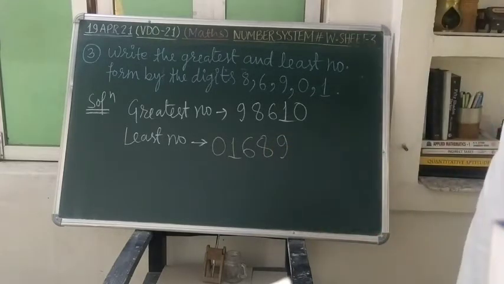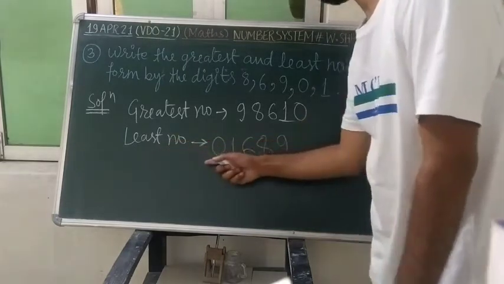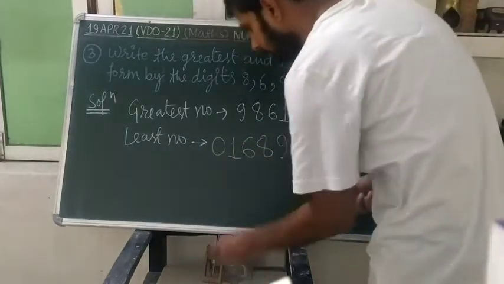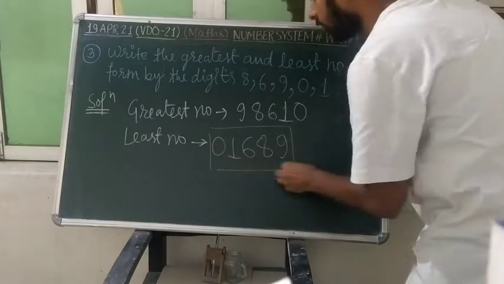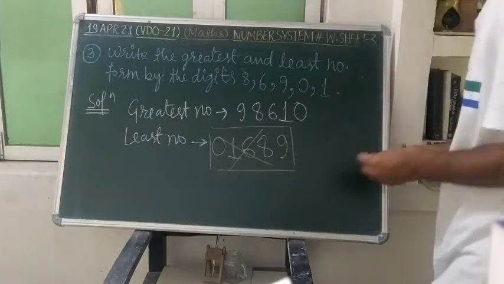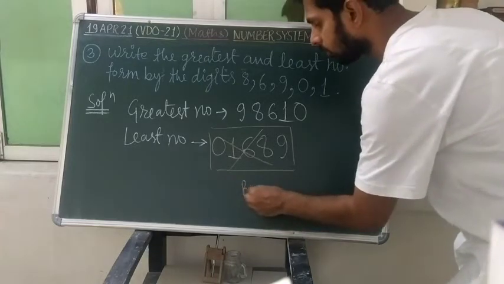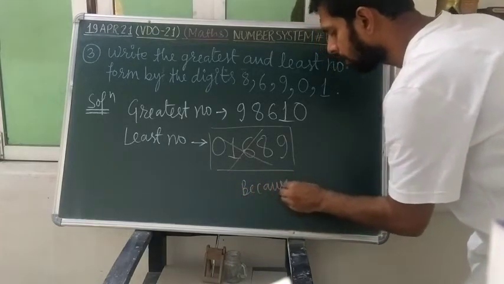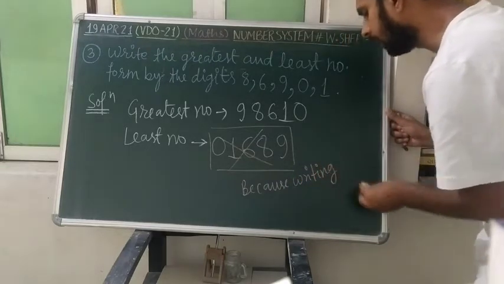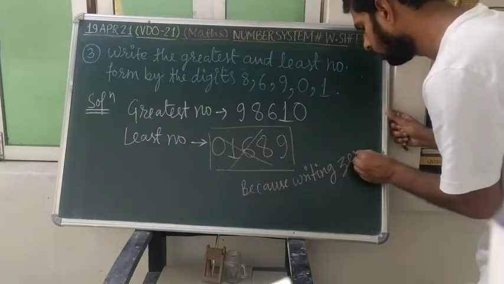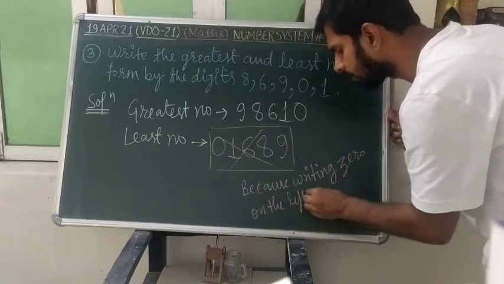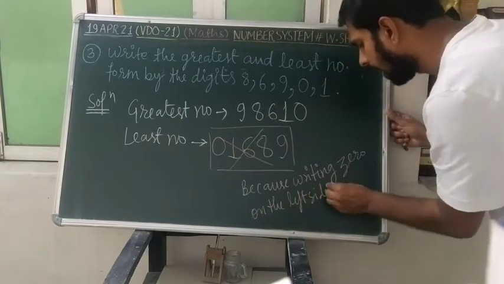So we can think this to be our least number, but this will be wrong, students. Why will it be wrong? Because writing 0 on the left side has no meaning.